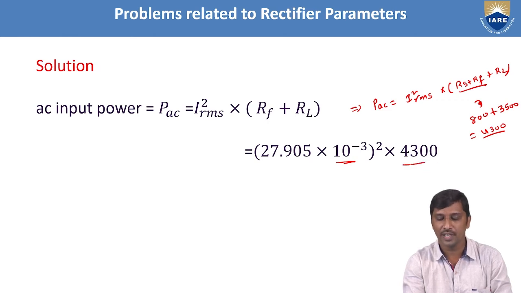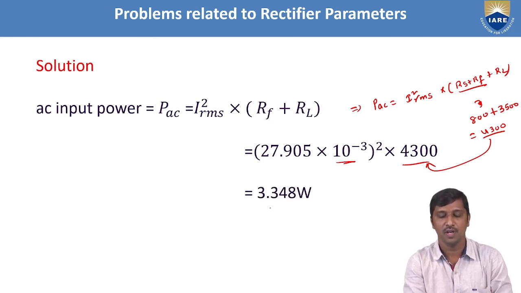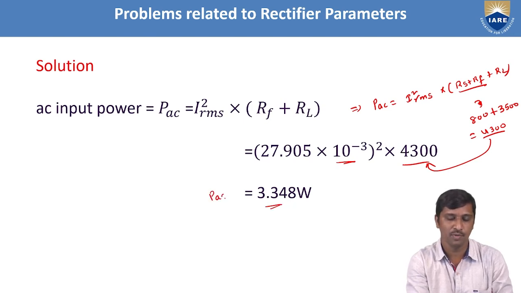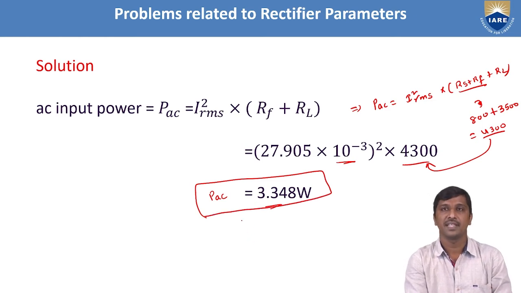Directly substituting 4300 ohms and solving, it shows 3.348 watts. So this is the AC input power: from the given specifications, the AC input power of the half-wave rectifier is 3.348 watts.